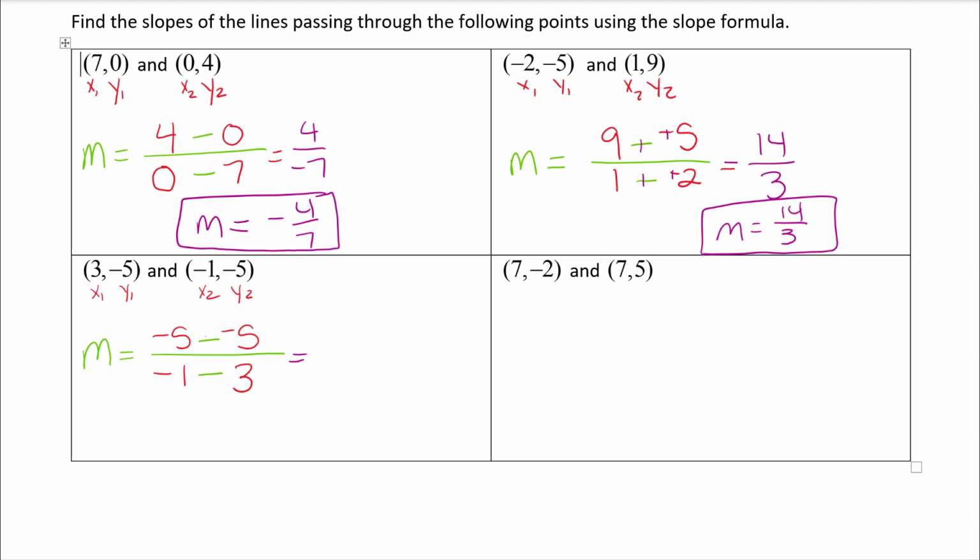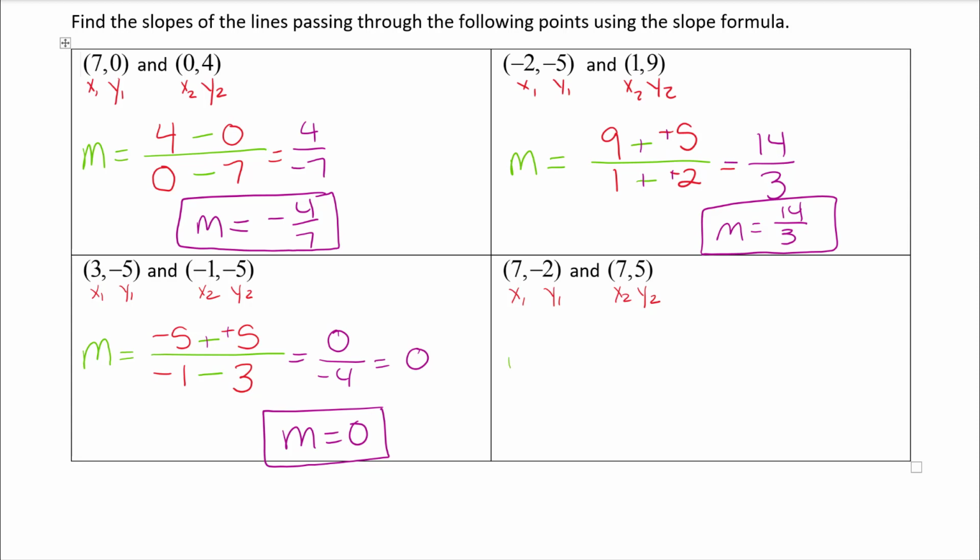Now I can add a line, change the sign in the numerator, and get 0. Negative 5 plus 5 is 0. Negative 1 minus 3 is negative 4. But 0 divided by any number is 0. So this slope is 0, which is going to produce a horizontal line, because we know all 0 slopes produce horizontal lines.